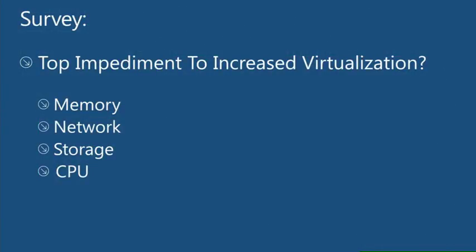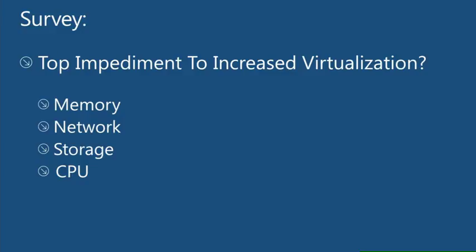So to set context, let's walk you through an exercise that we did earlier this year. We sent a survey to about 20 IT managers, ranging from large corporations all the way down to small mom and pop IT shops. And we asked these decision makers, basically their IT managers, what is their number one impediment to increasing virtualization deployments?